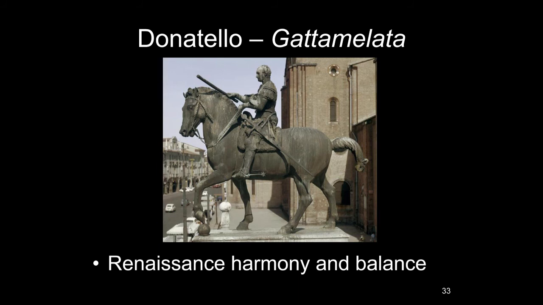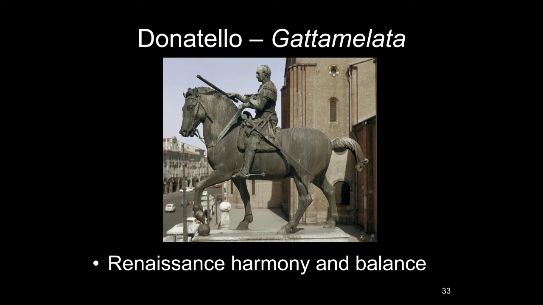Don't do that. It's a steep drop on the pedestal. And then to answer all those diagonals going one way, we have two diagonals going the other way, the sword and the baton of office. So once again, they sort of balance out and establish a harmony.